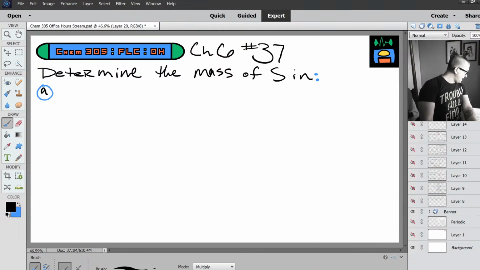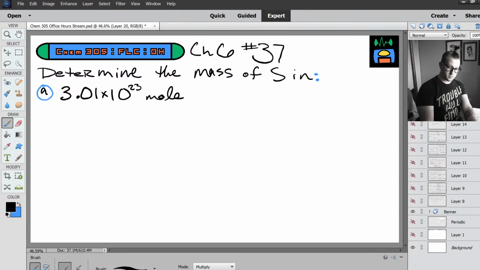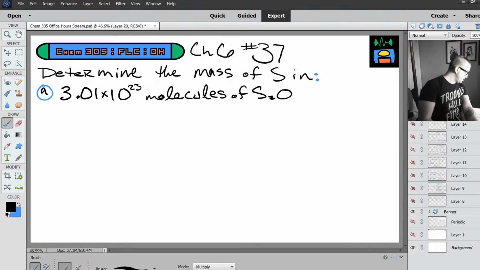So for part A, they give us 3.01 times 10 to the 23rd molecules of S2O, disulfur monoxide. Okay, so we need to find the mass of sulfur.